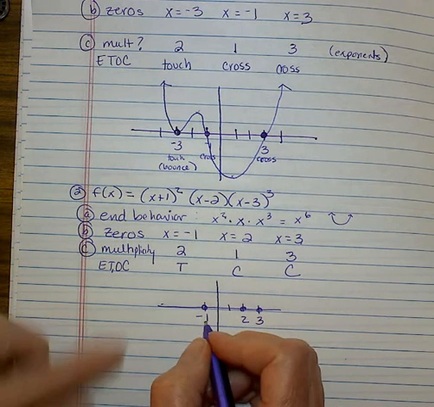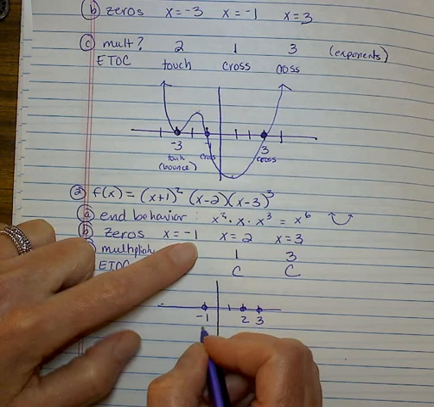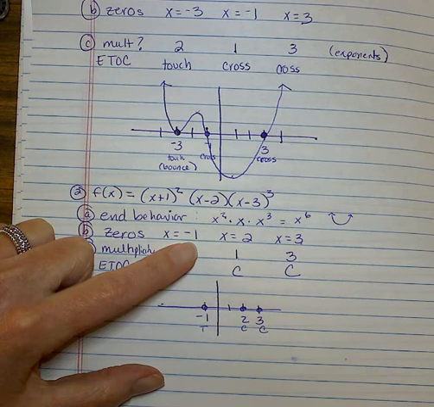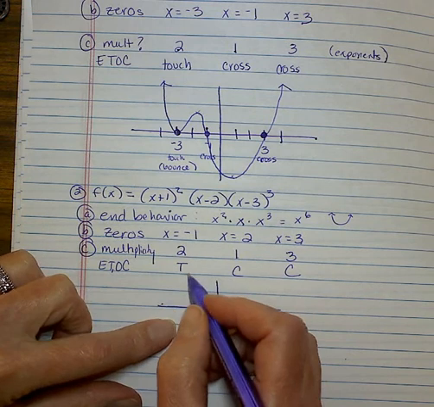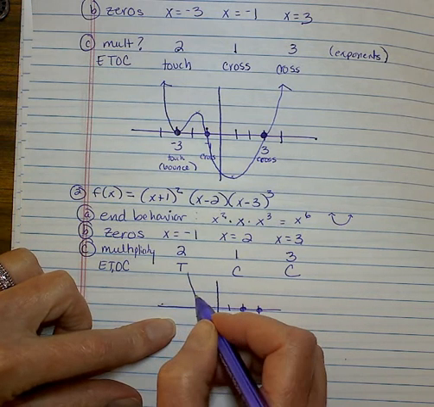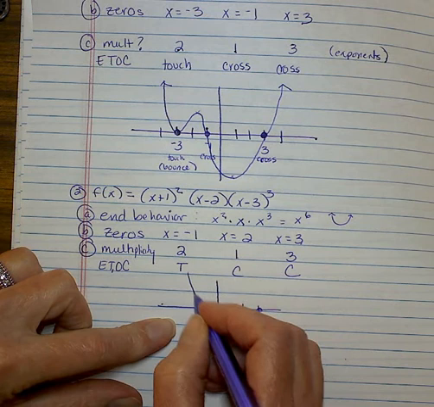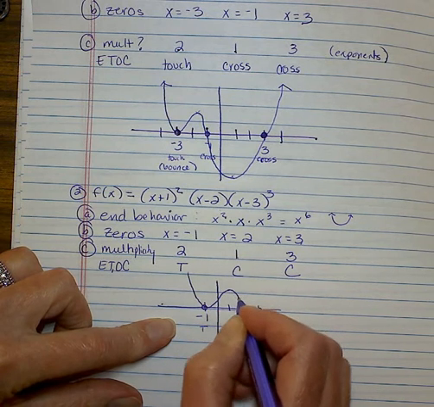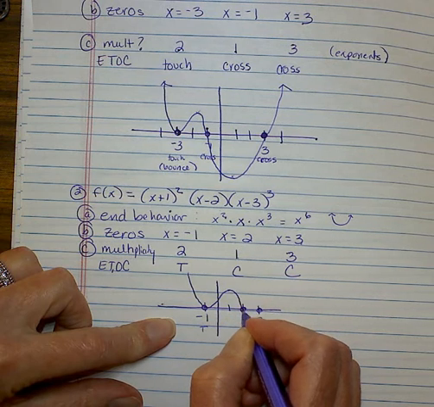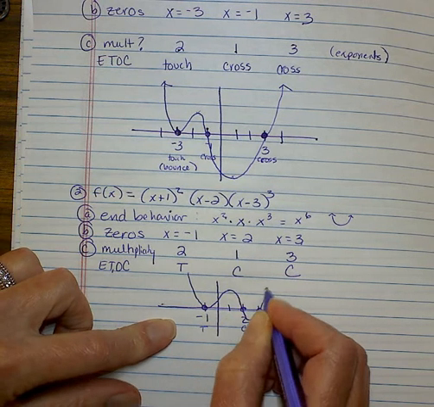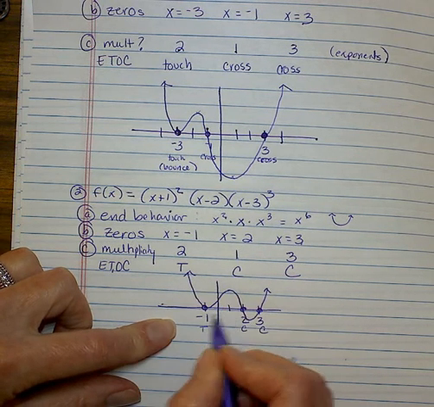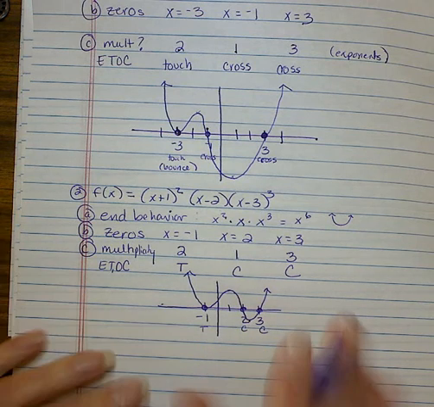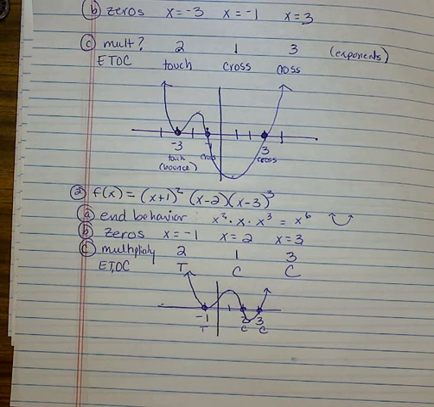When x equals -1, we are touching, and for the next two, we will cross. So we're going to come on down. We're going to touch and bounce up, and then we have to cross, and then we have to cross again. Again, I know it's tough to worry about because you want to know what those mins and maxes are, but that's not what we're doing at this point.